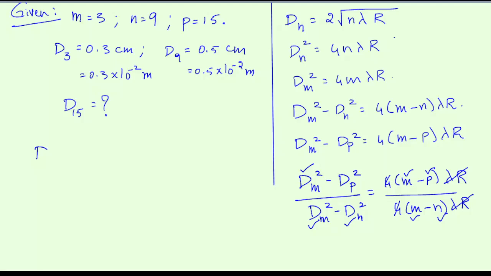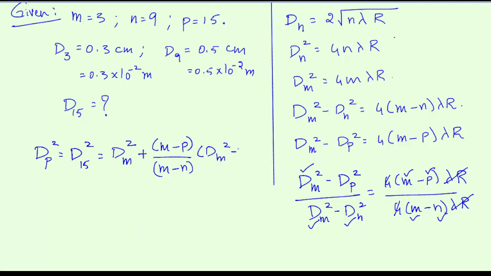Next, rearranging the values, we get Dp square, which we have called D15 square now, can be written as Dm square plus m minus p divided by m minus n into Dm square minus Dn square. So let's plug in the values.